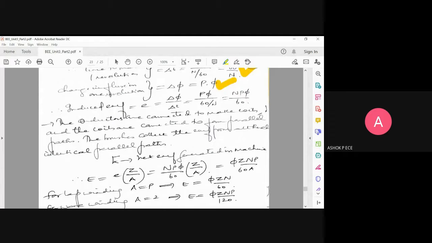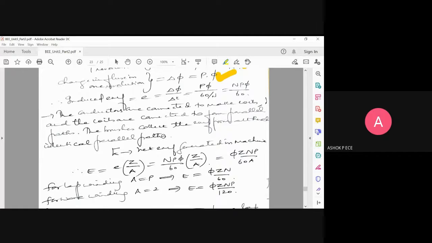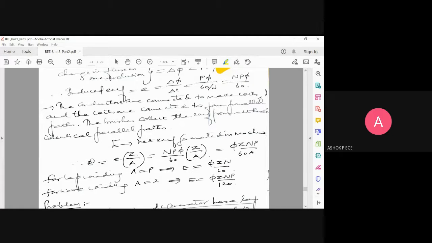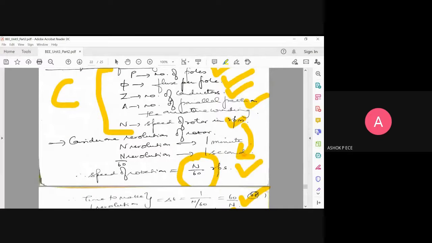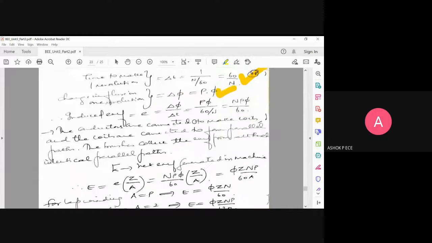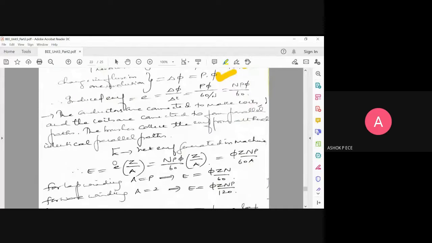The conductors are connected to make coils, and the coils are connected to form parallel paths. So the net EMF generated is going to be capital E is equal to the induced EMF into Z by A, where Z is the number of conductors and A is the number of parallel paths. Why do we divide by the parallel paths? A parallel path is just like another path, and the EMF in it is the same. If we counted all of them, the EMF would come out as a big number.